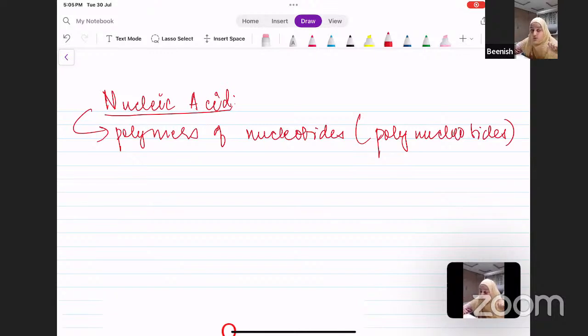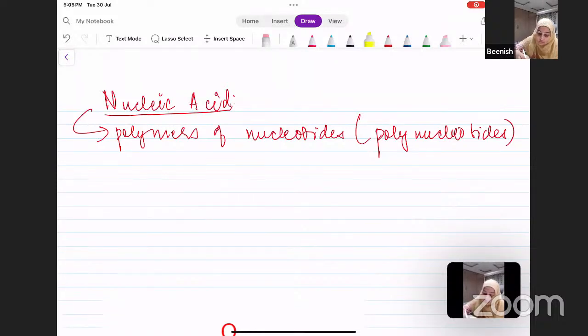Poly means many, and nucleotides, because there are many nucleotides joined together. Just like when we studied glycogen, I said glycogen is a polymer of alpha D glucose. You are putting together many glucose molecules to form a polymer of glycogen. Similarly, you are putting many nucleotides together to form nucleic acid, just like putting amino acids together to form proteins. Your proteins are polymers of amino acids.